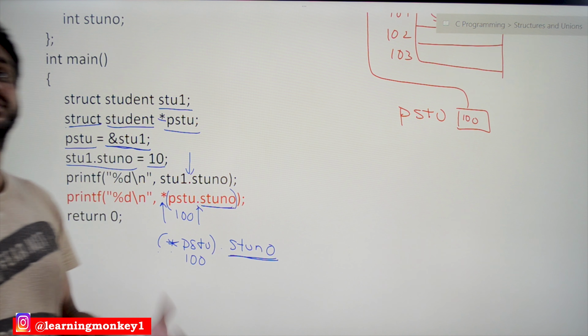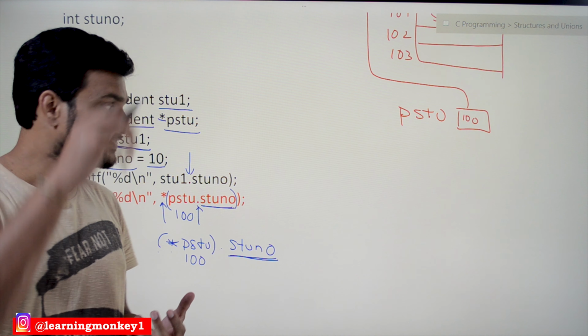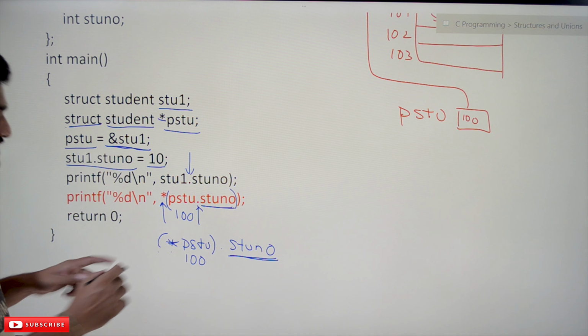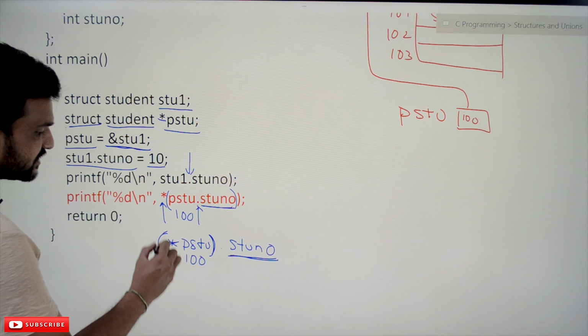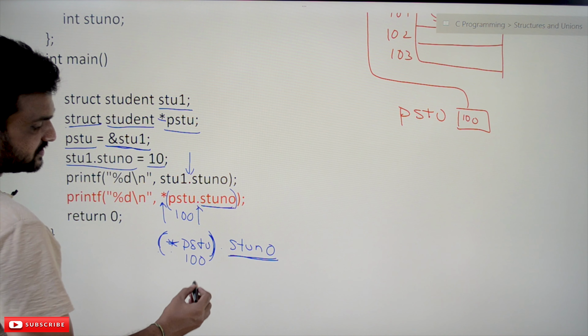So what the C compiler designers have developed is, instead of using these entire brackets every time, we can directly access this by using the arrow operator.